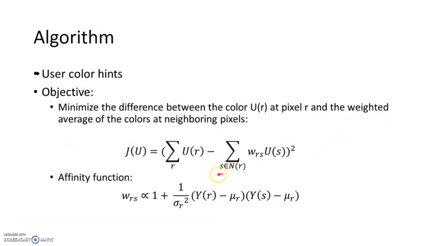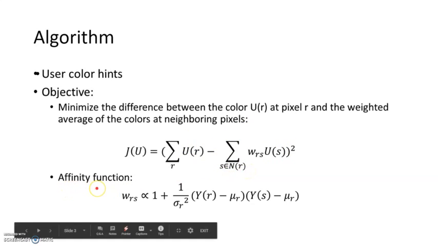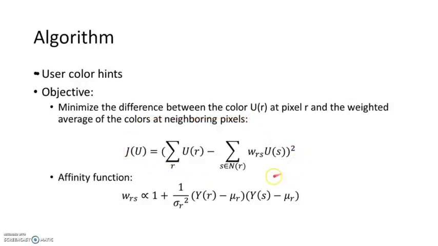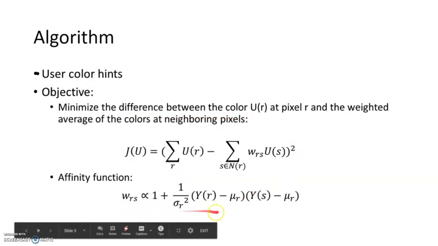So in simpler terms, each pixel will calculate the difference between its own intensity value and the weighted average of the intensities of the neighboring pixels. Now this affinity function is the most important function in this paper, because this is the objective function of the optimization problem, and this is the constraint of that optimization problem.